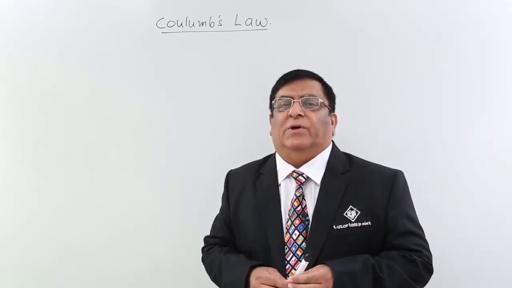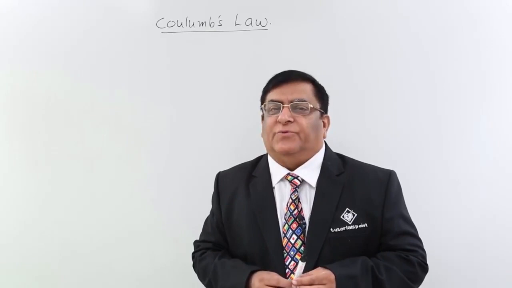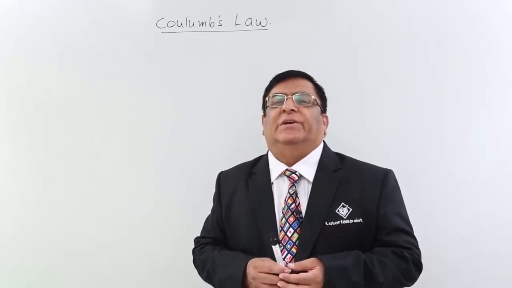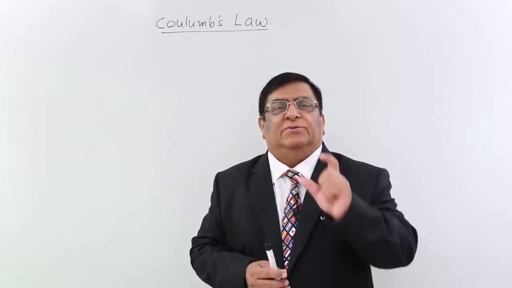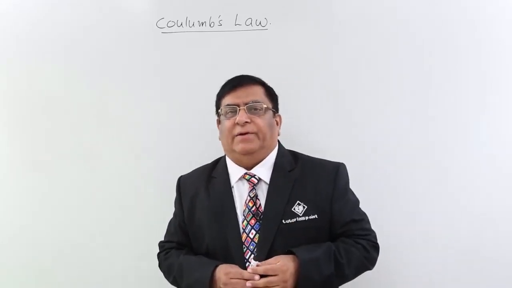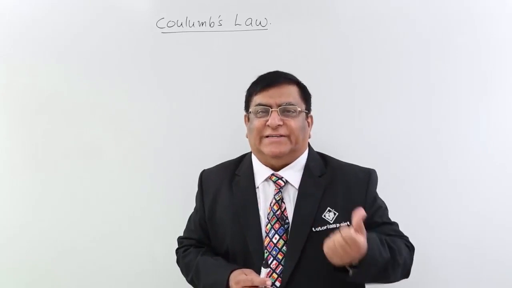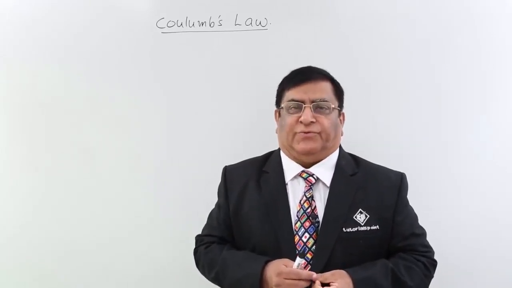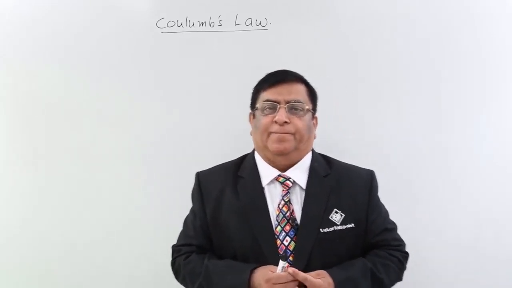So, what was Coulomb's law, or what is Coulomb's force? Coulomb's force we generally use for the force between two charges, maybe repulsion, maybe attraction. Because Coulomb's law governs it, we call it Coulomb's force. Now, what is Coulomb's law?